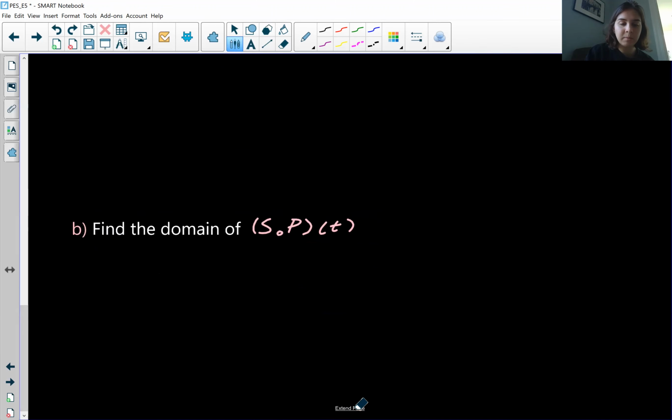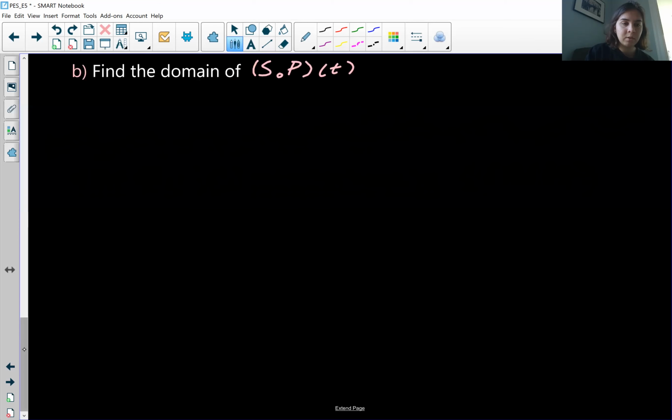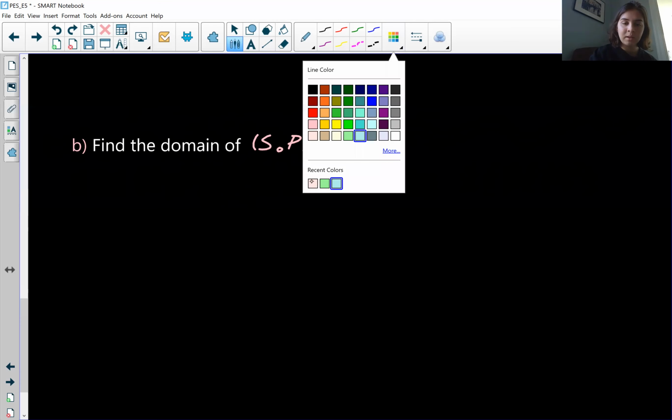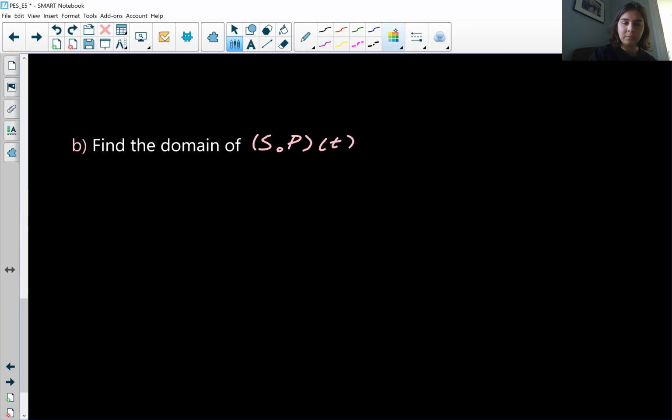And let's go to the part that we really want to focus on here, which is the domain. And I think it would have been a waste of time for me to just explain this verbally without an example versus just working it out with the example. So that's what I'm about to do. So again, I'm going to rewrite this. S of p of t.